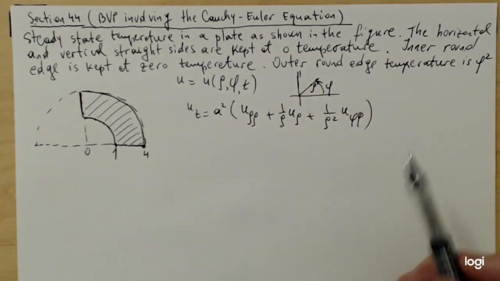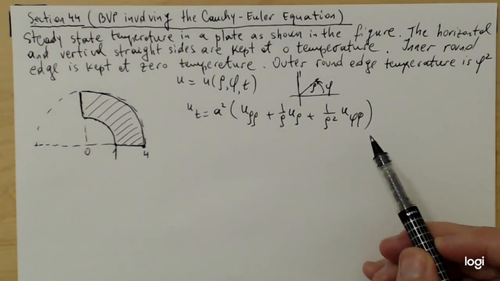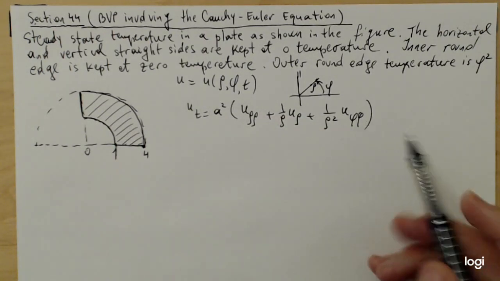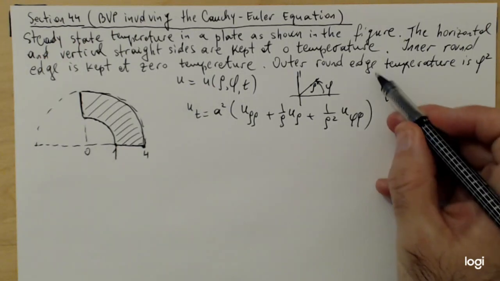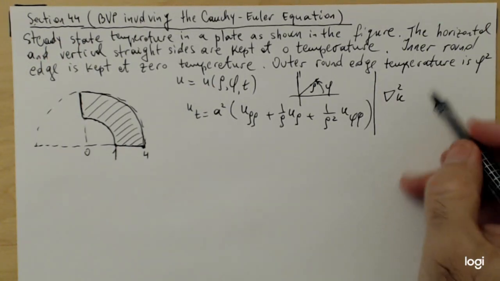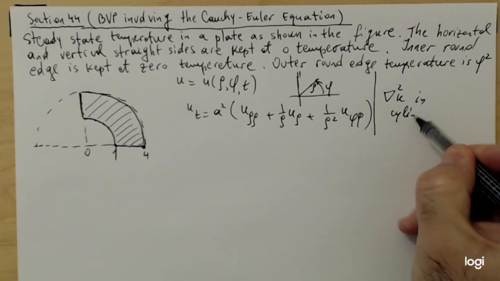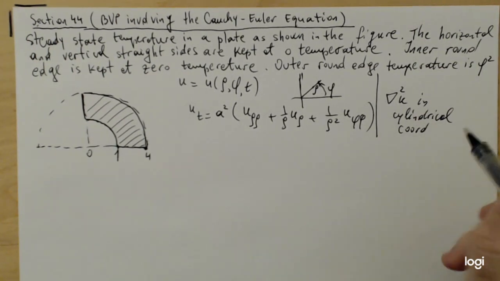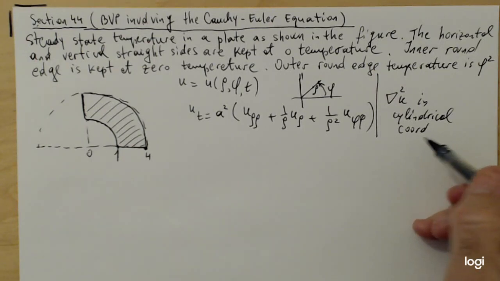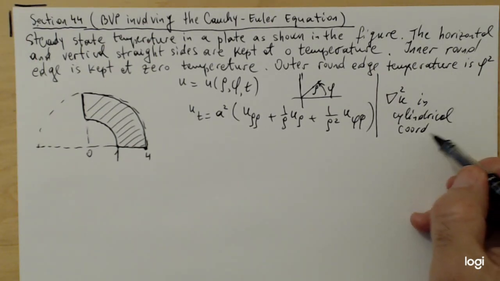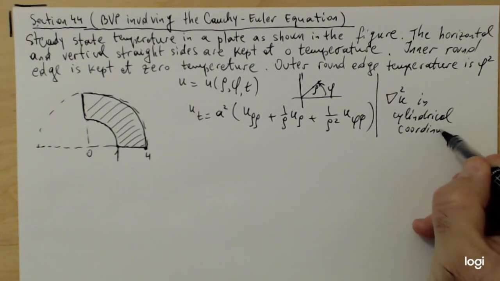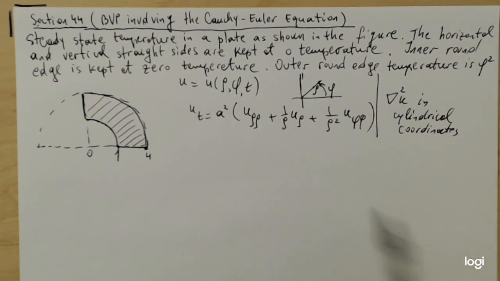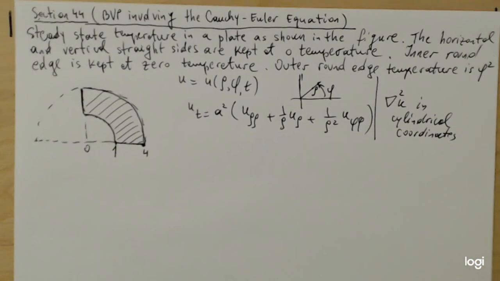So the partial derivative with respect to phi twice. Again, you can pause for a moment and look for the Laplacian in cylindrical coordinates. And in that Laplacian, replace partial z with 0, because again, our object doesn't depend on the z coordinate. So you're left only with this quantity. Okay.